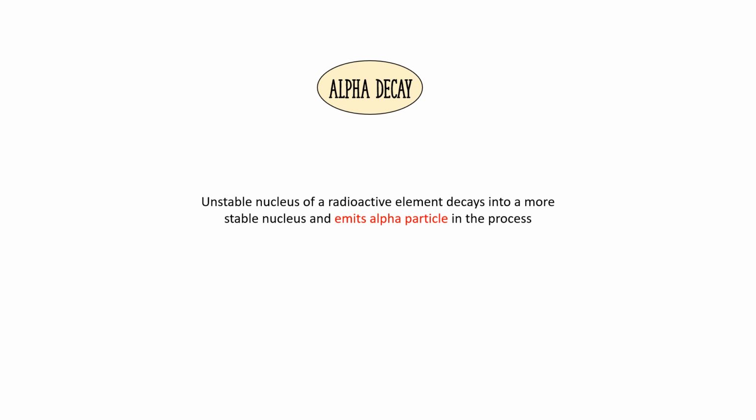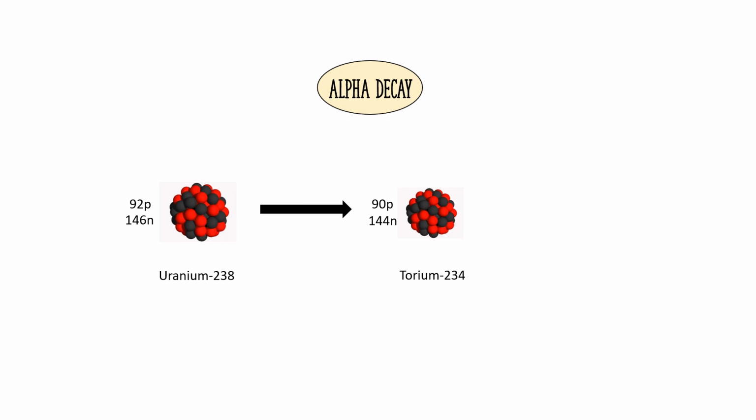Now, let's take, for example, uranium-238, which is a radioactive element with unstable nucleus, and the nucleus of uranium-238 decays into a more stable nucleus, which now gives us thorium-234 and emits helium, which is alpha particle, during the process.